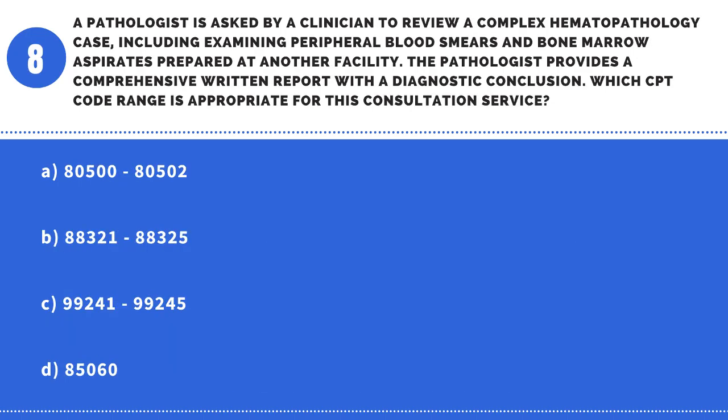Question 8. A pathologist is asked by a clinician to review a complex hematopathology case, including examining peripheral blood smears and bone marrow aspirates prepared at another facility. The pathologist provides a comprehensive written report with a diagnostic conclusion.